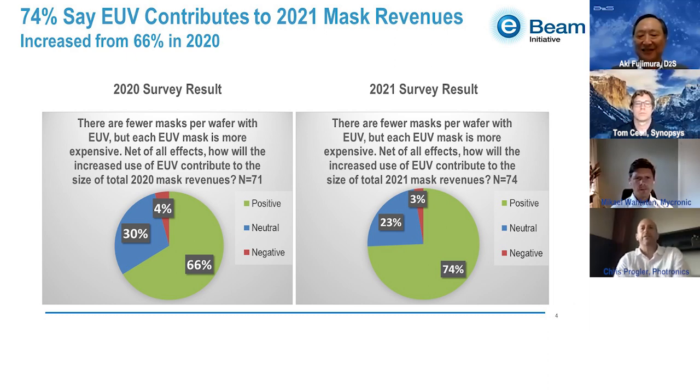Yeah, generally I think that trend is true. It used to be that a lot of it was driven by write time. The writer is a very expensive tool, and the longer the mask sits on it, the more depreciation cost goes into the manufacturing cost. For multi-beam, I think that problem has been helped a lot, so you don't see as much of a depreciation cost impact due to long write times as you saw with vector tools.